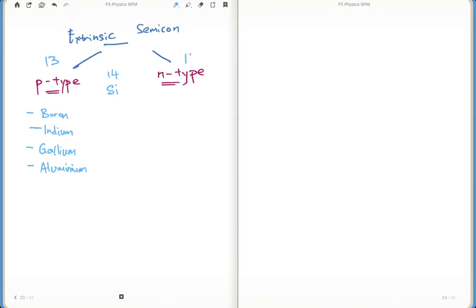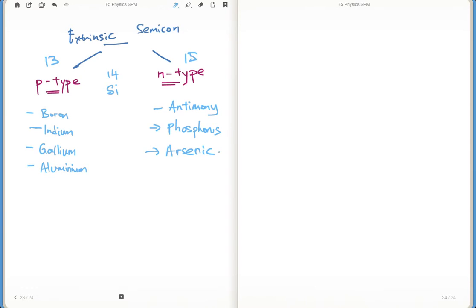Whereas group 15 could be antimony, could be phosphorus, or perhaps arsenic. That's why semicon could be dangerous, because they are hazardous materials.